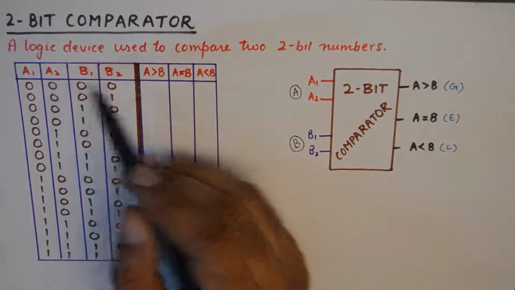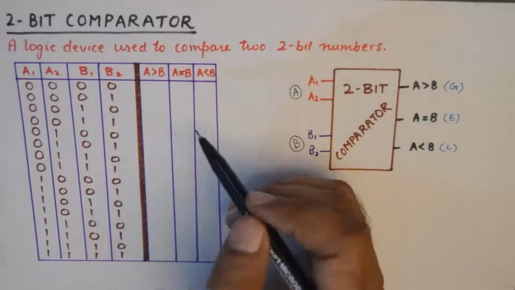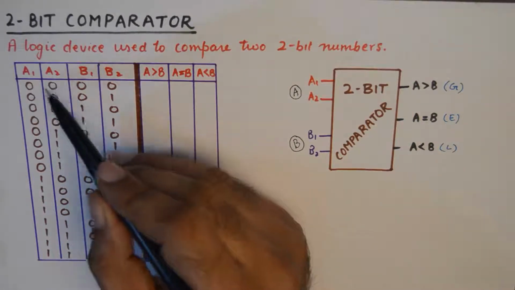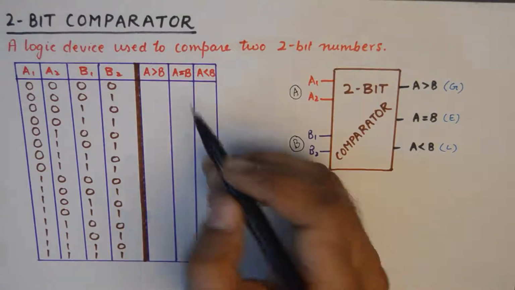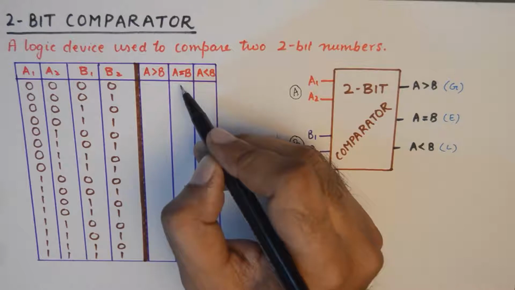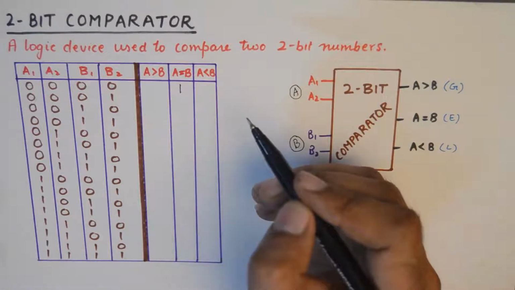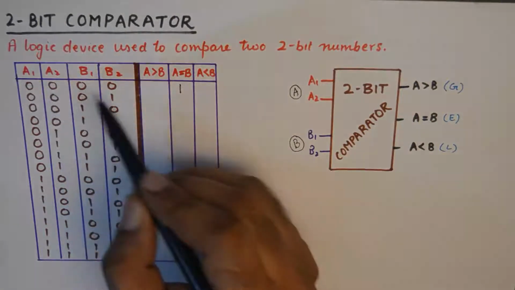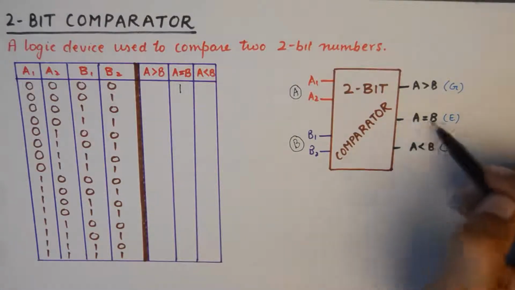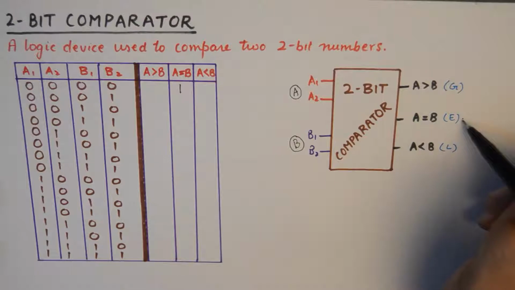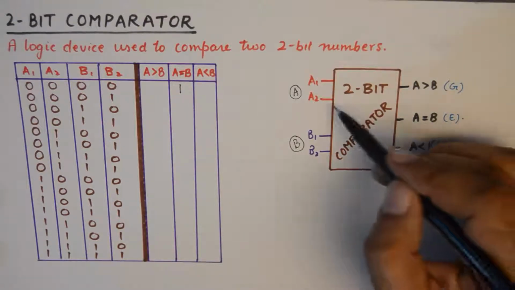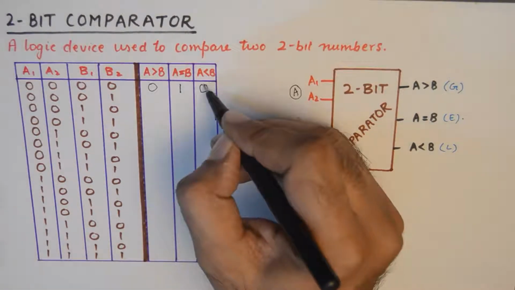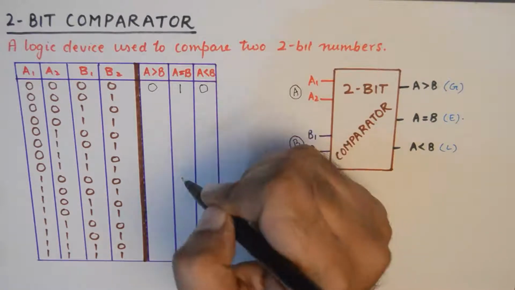So in other words, if we were to fill up this truth table, and if we see the first case where number A is 0 0 and number B is also 0 0, so I'll fill up the case that it is this case where A is equivalent to B. So when we give 0 0 0 0 at the input, this output will show up as 1, because it is the case of two numbers being equal, and G and L will become 0. And that's how we need to fill this truth table.